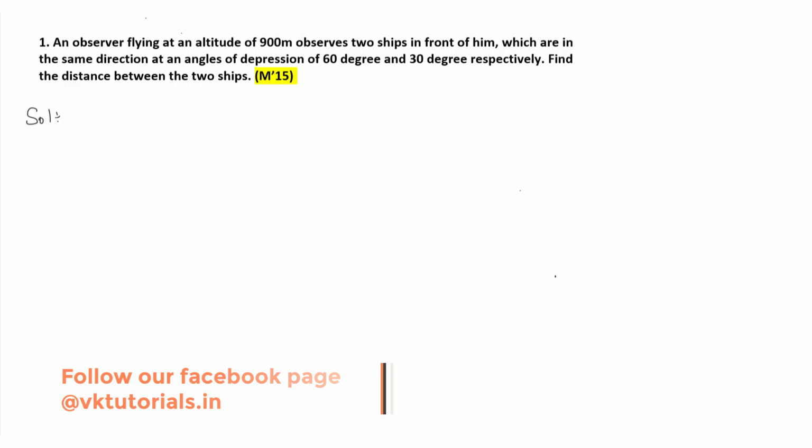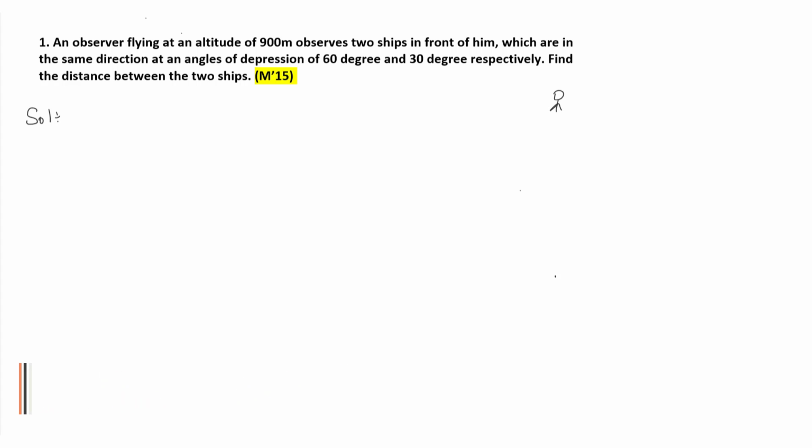By reading the question, we understand that there is an observer flying at an altitude of 900 meter above the ground. So suppose if this is our ground level, the observer is flying at 900 meter above the ground level. On looking down, he sees two ships in front of him. This should be our first ship and second ship.